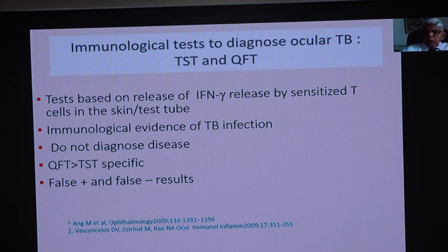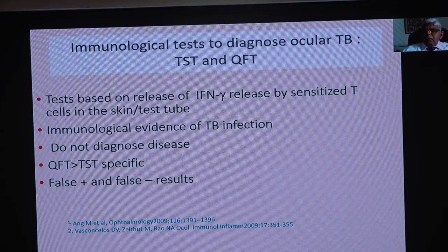Using ELISA, you measure the quantum of interferon gamma released by the sensitized T cells present in the peripheral blood of the patient. These tests essentially tell us that the infection has been there in the past, but they do not tell us whether the patient currently has the disease. So they are indicative of infection, but not the disease.